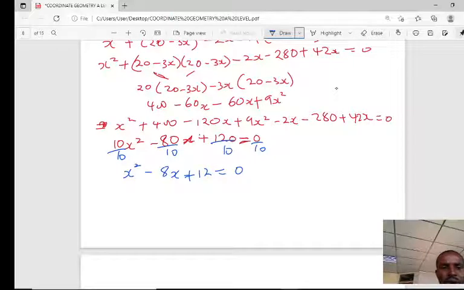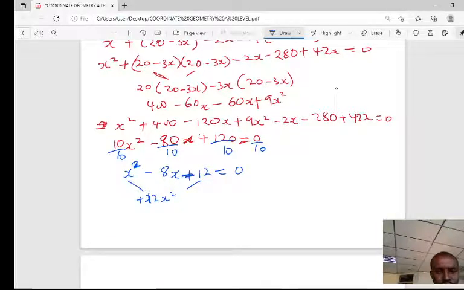Right. Now let's factorize this one. I know you now know how to factorize, right? So the factors are the numbers which when multiplied give you plus 12 x squared, and when you add, they give you minus 8. What are these numbers?